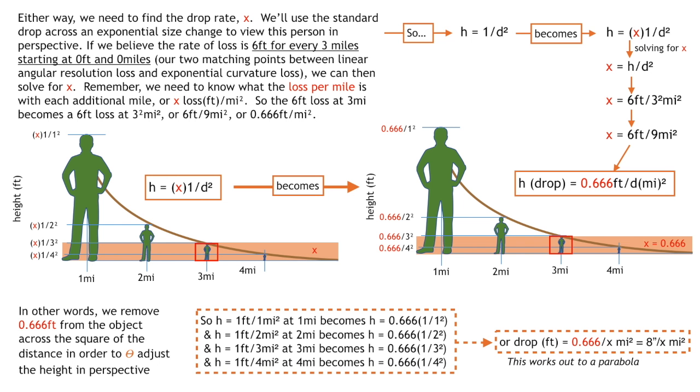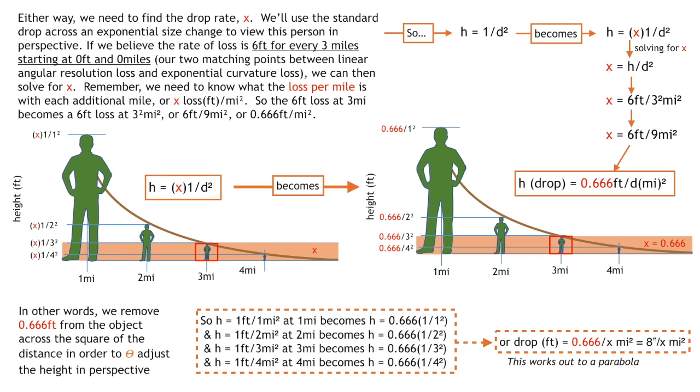Either way, we need to find the drop rate x. So we'll use the standard drop across an exponential size change in order to view this person in perspective. So if we believe the rate of loss is 6 feet for every 3 miles, starting at 0 feet and 0 miles, which are again our two matching points between linear angular resolution loss and our exponential curvature loss, we can then solve for x.